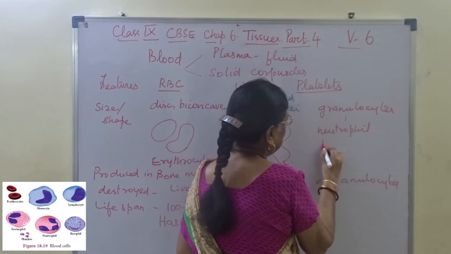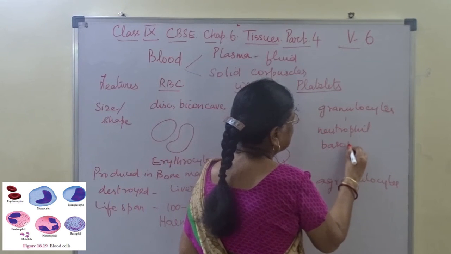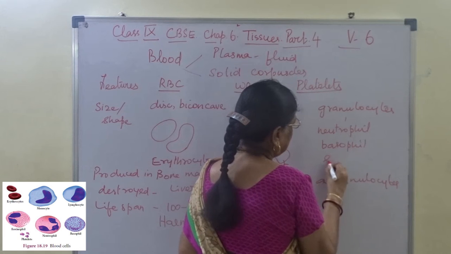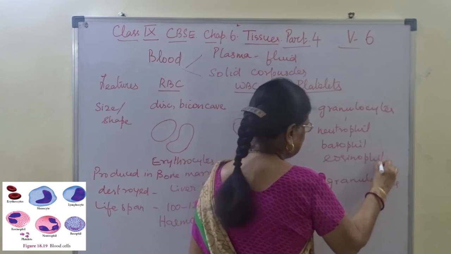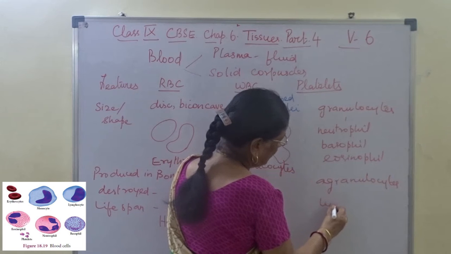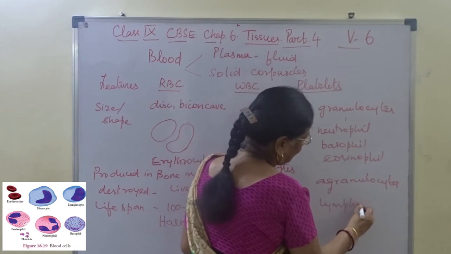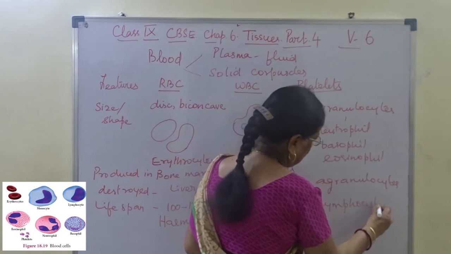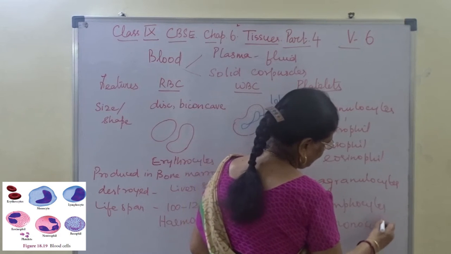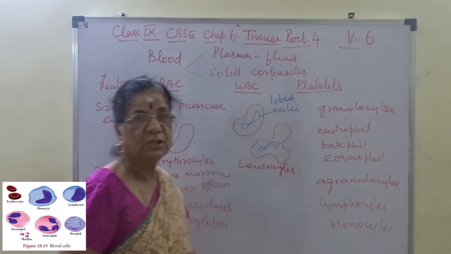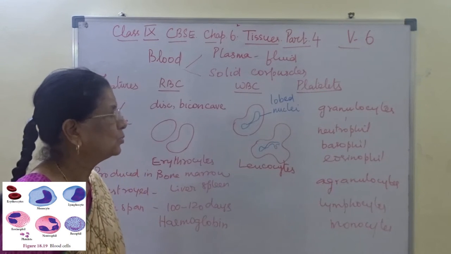Granulocytes are neutrophil, basophil and eosinophil. Whereas agranulocytes are lymphocytes and monocytes.